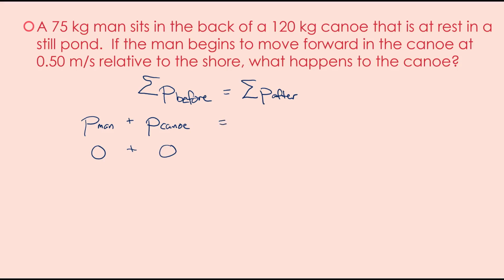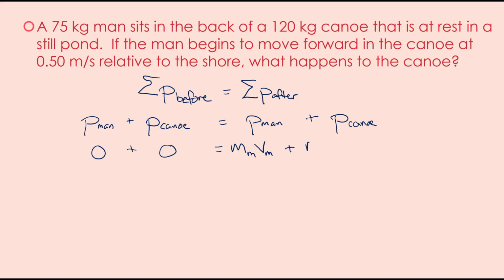But then after, the man is going to move and he has momentum. And that means the canoe has to move in order to cancel out the man's momentum. So to find the momentum of the man, we look at the mass of the man times the final velocity of the man, or the velocity after this.